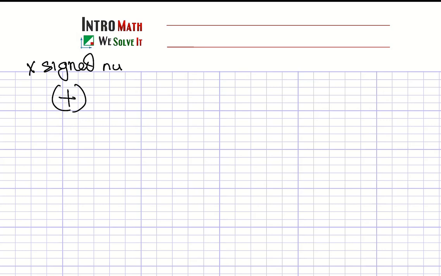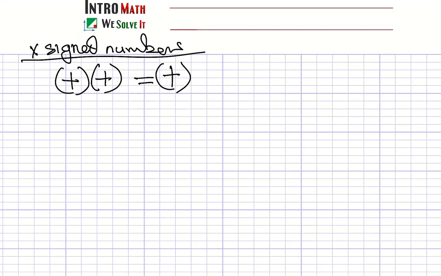If you have a positive number and a positive number, you multiply them together, you will always get a positive number. When you have a negative number and you multiply it with a positive number, you will always get a negative number.